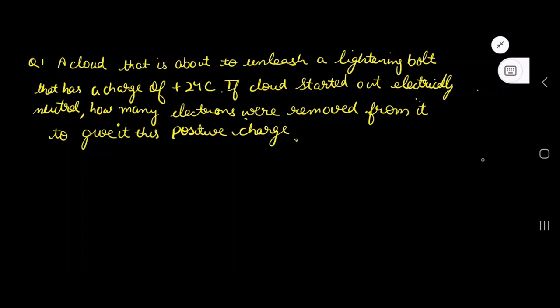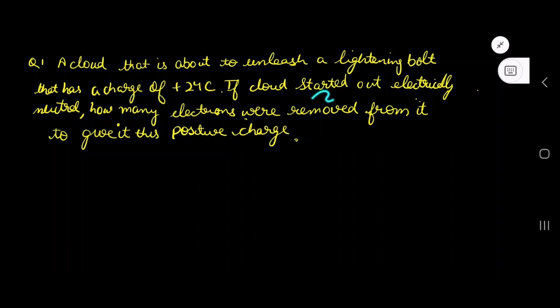So what does the word unleash mean? Unleash means a sudden release, in this case a sudden release of a lightning bolt, and now that cloud has a charge of 24 coulomb.